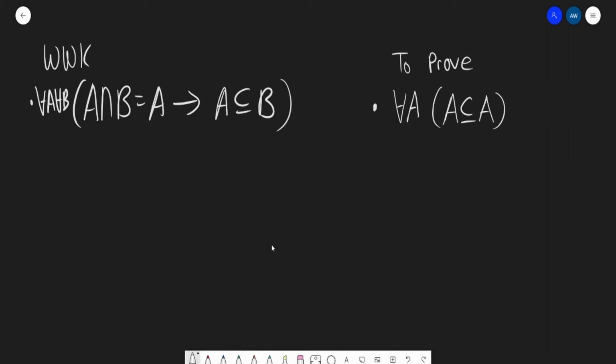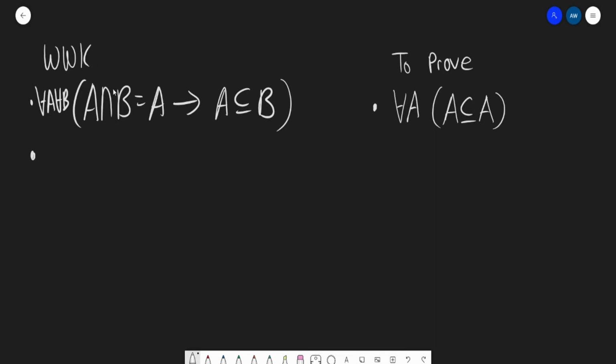Well, we said if we have the for all quantifier, then we can substitute in certain values. And well, we're talking about sets here. That is our universe of discourse, so we can replace A or B with any set we want. Now it's very tempting, considering that we're trying to prove A is a subset of A, to substitute B for A. So let's do that.